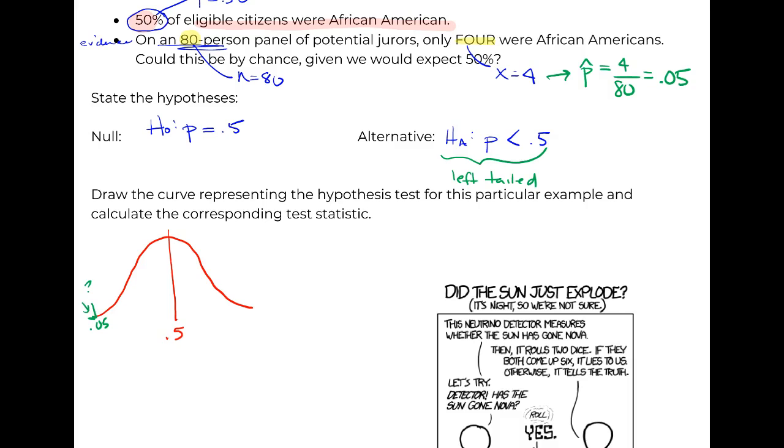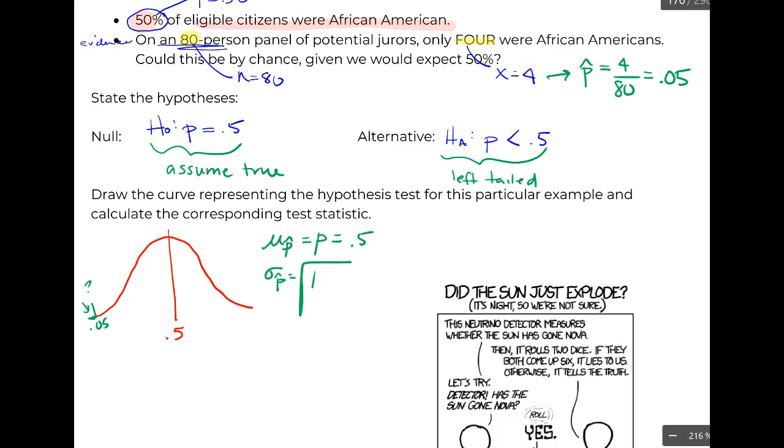So if this were a sampling distribution question, you'd want to know, what did we expect for the mean of p hat? Well, it should have been the real p, which we're going to pretend is true. So we should have seen 50%. And the standard deviation for p hat is the square root of real p, real q, all over n.